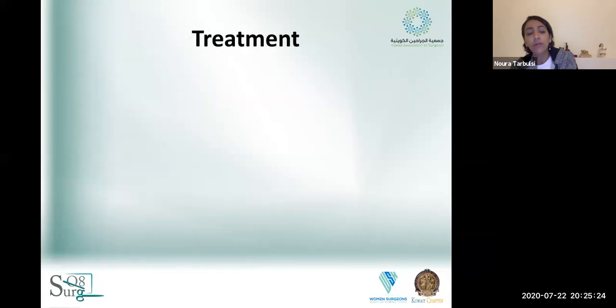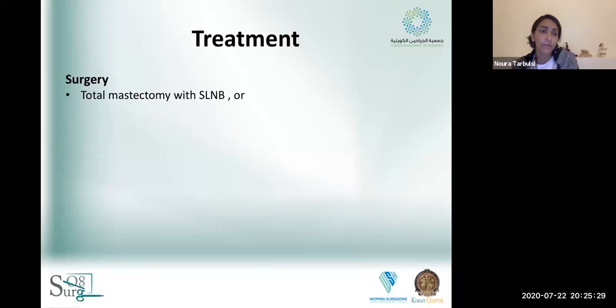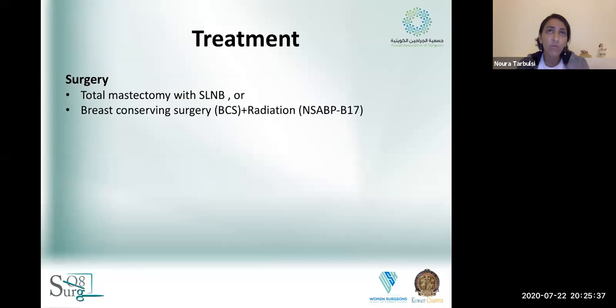So how do we treat DCIS? First step is surgery. As we said, total mastectomy with sentinel lymph node biopsy. They come together in DCIS. Or breast conserving surgery, plus or minus sentinel lymph node biopsy.